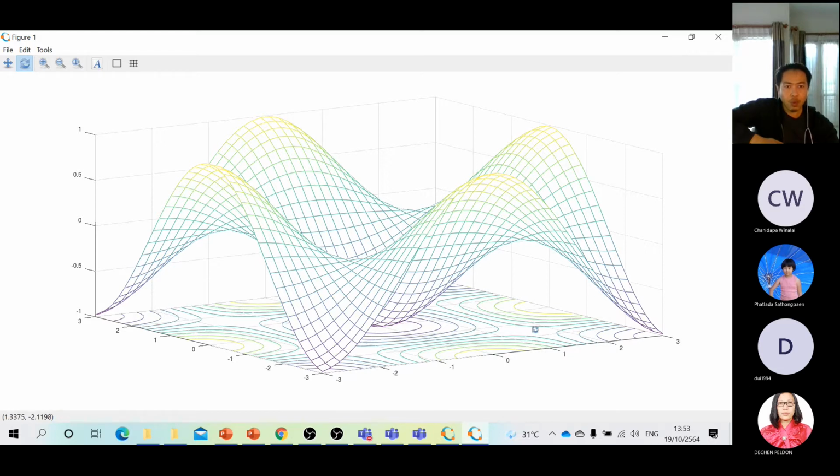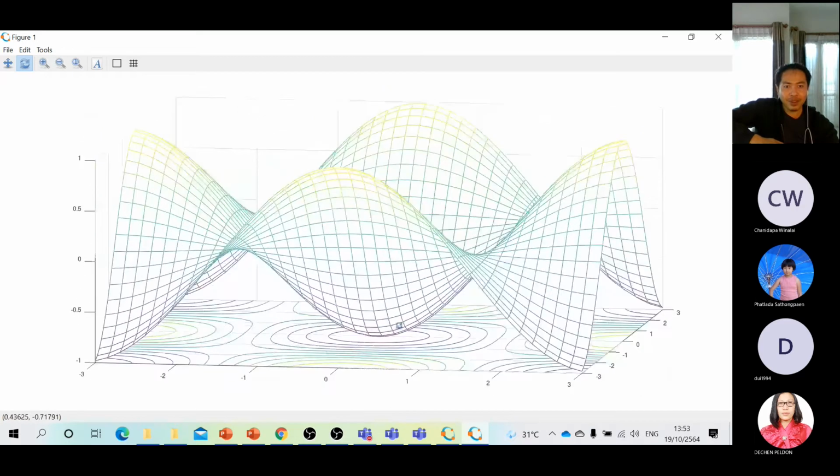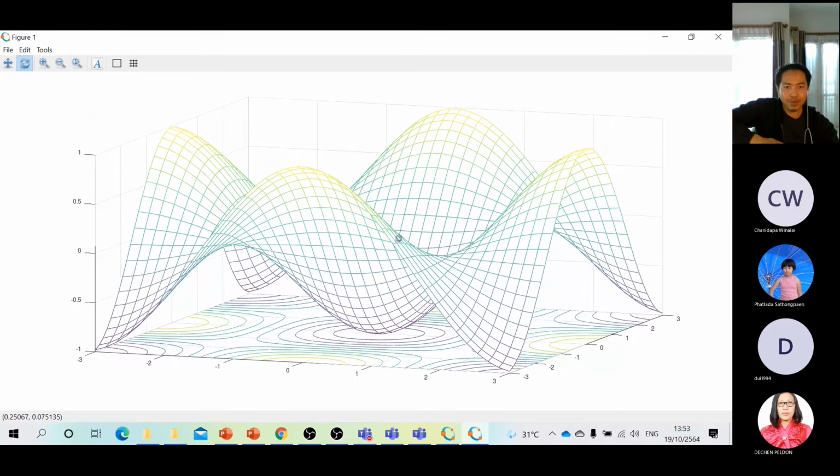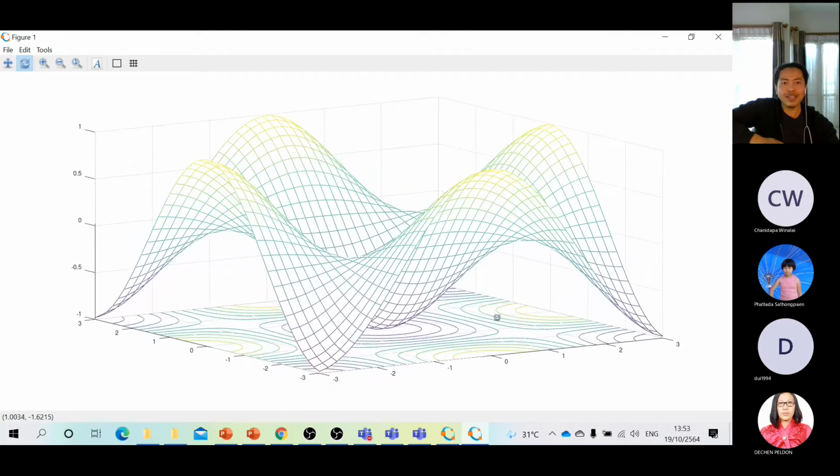Do you see there? 1.5 something. But if you look at the curve at another angle, it's a minimum over here. So it's neither minimum nor maximum. So what is it? What is the name that we call this kind of in-between point?